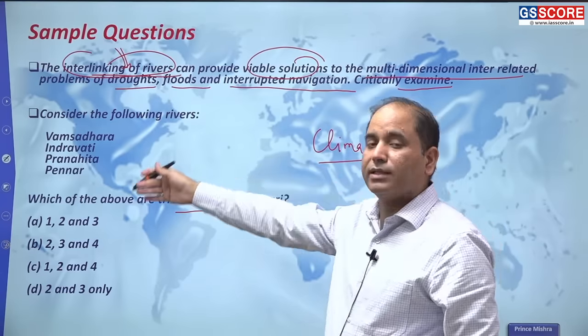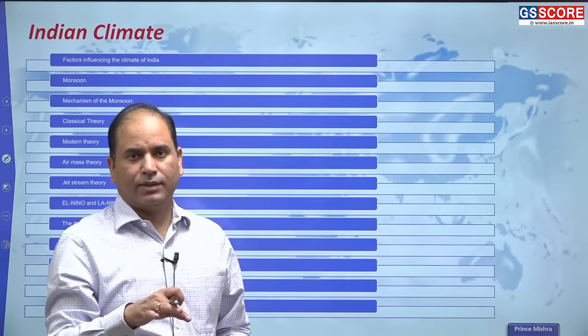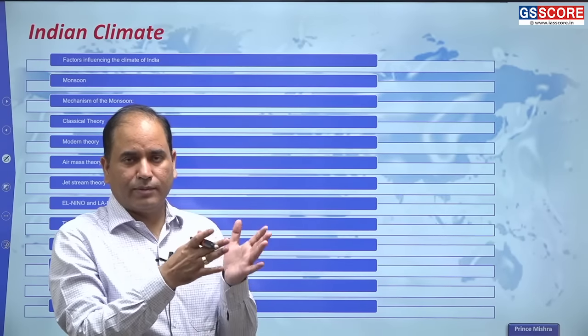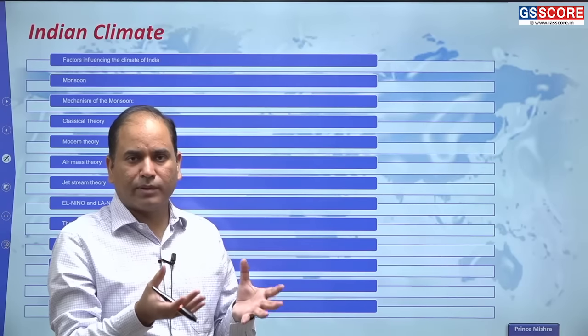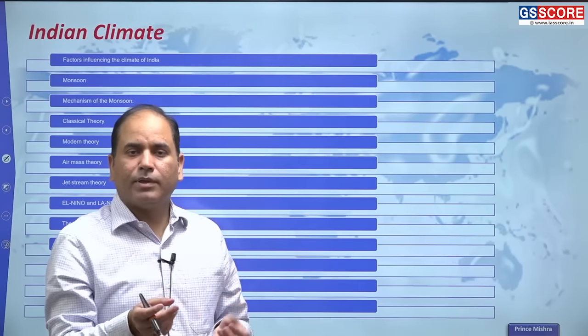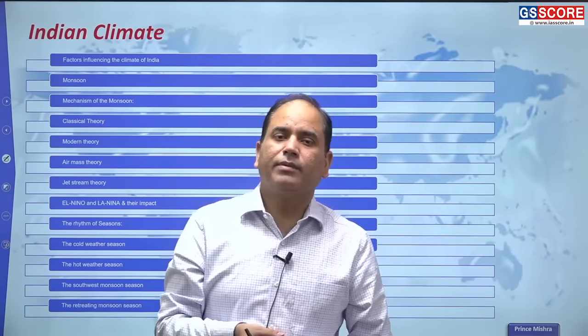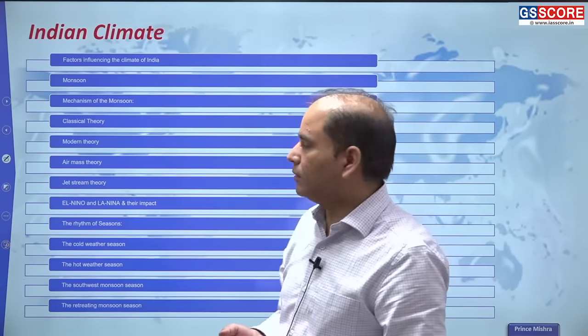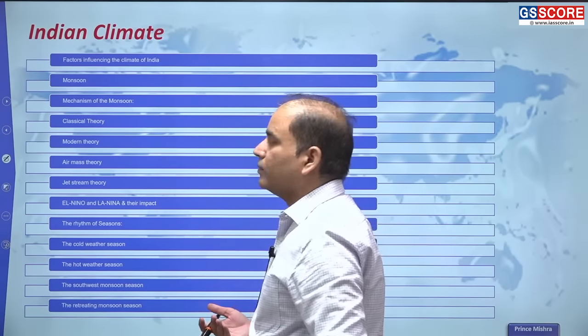River related map based questions will appear very easy if you have already done it, but if you are not aware of the rivers, the same question will appear very difficult.